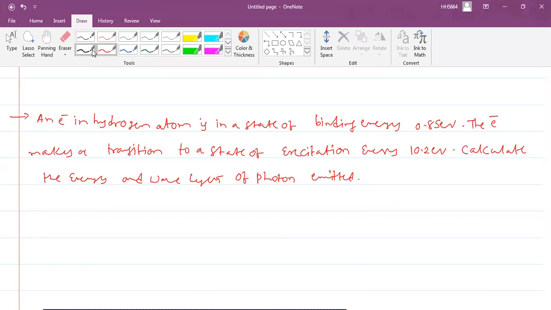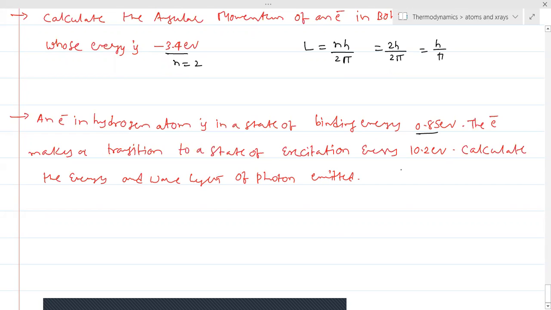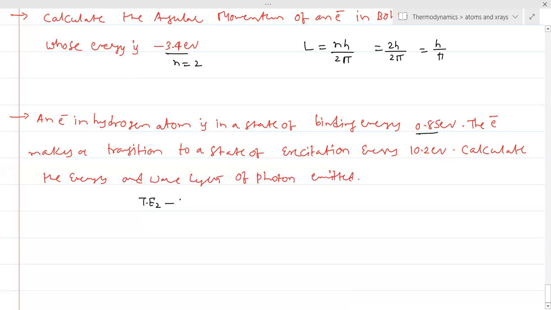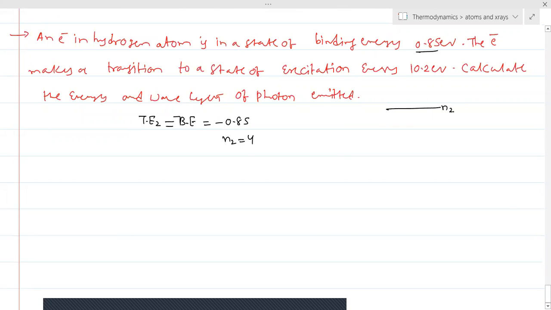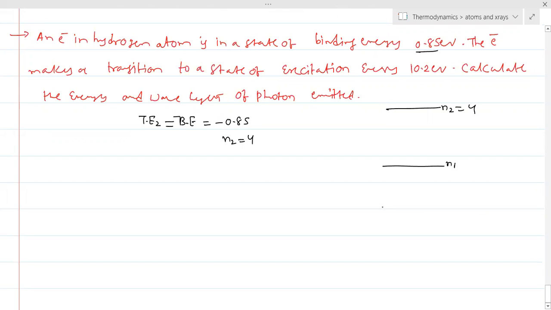First we will analyze the problem. Binding energy is 0.85, which means I take the total energy as negative binding energy, that is minus 0.85 electron volts. Whenever we see minus 0.85 electron volts, we simply say that n2 is equivalent to 4. From n2 equal to 4, it undergoes a transition to a particular level whose excitation energy is 10.2 electron volts.